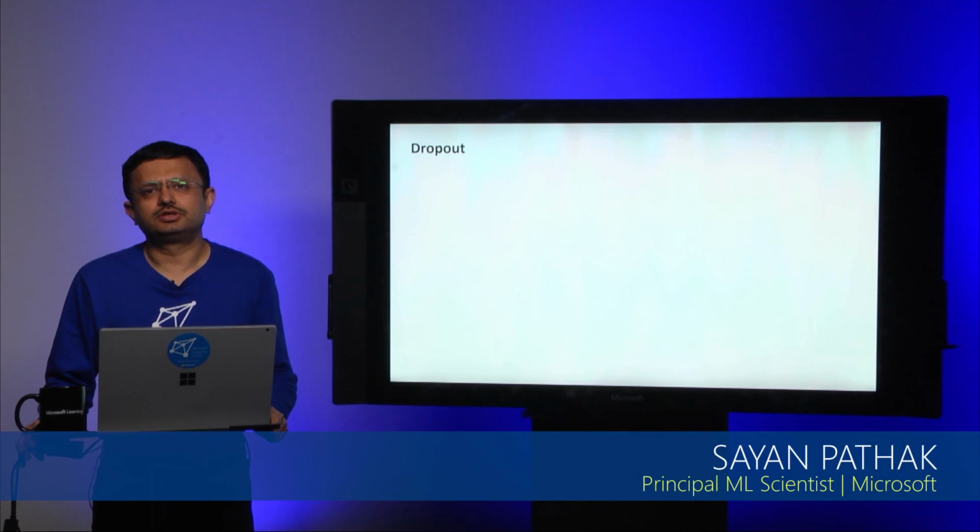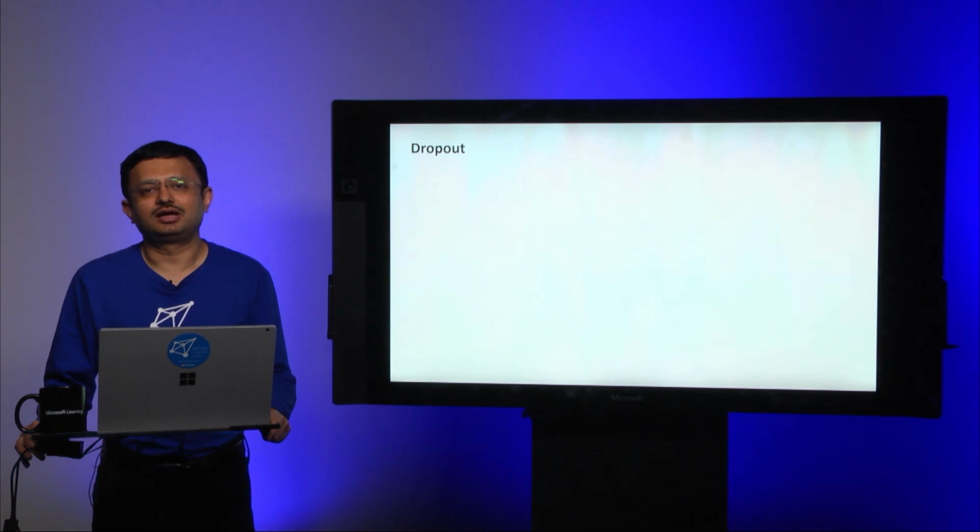By now, whenever I say that there are model parameters and we are increasing the number of model parameters, I'm assuming that you are thinking one thing. What is that?